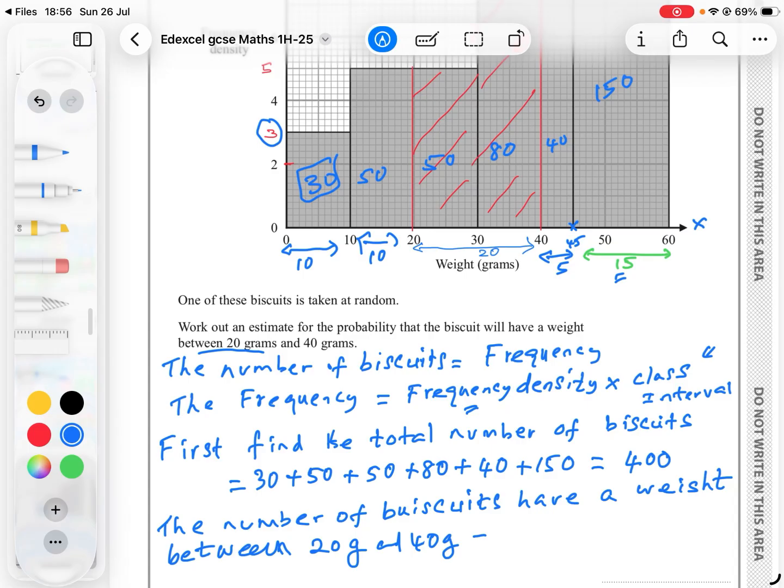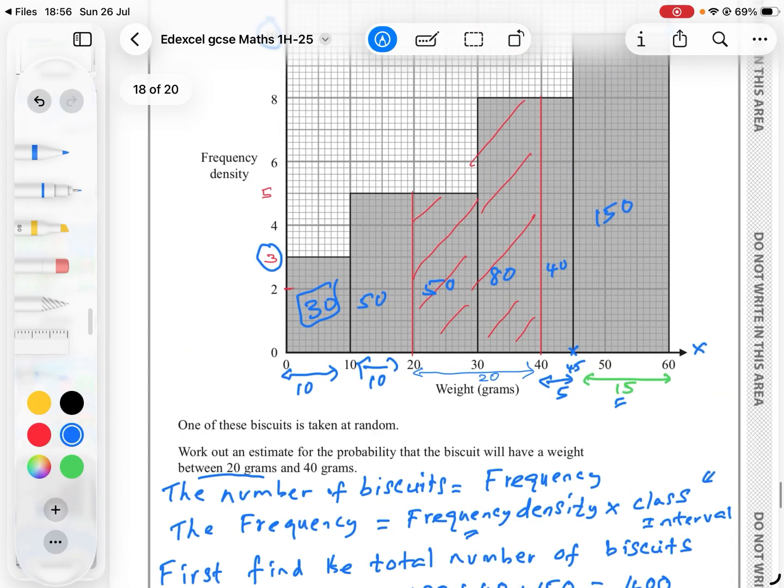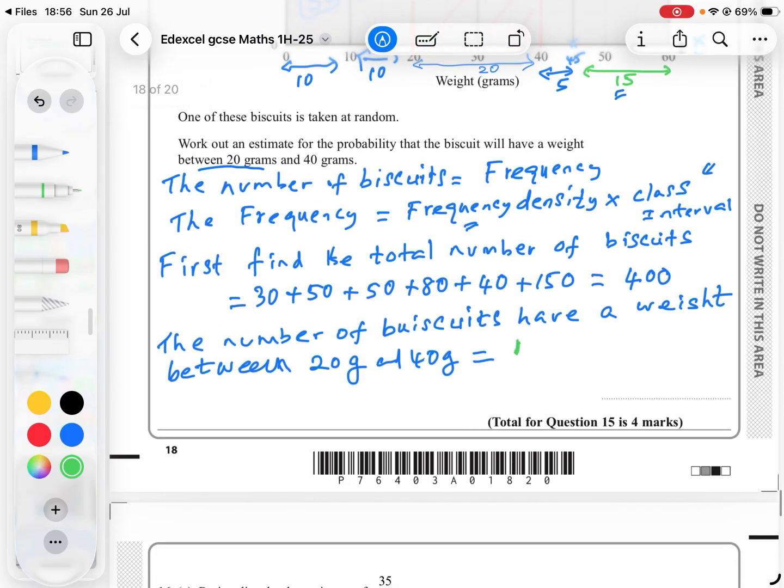You need to work between 20 and 40 grams. So you can see 50 plus 80, altogether 130. So the probability, the estimate that the biscuit will have a weight between 20 gram and 40 gram, is 130 biscuits divided by the total of 400 biscuits.